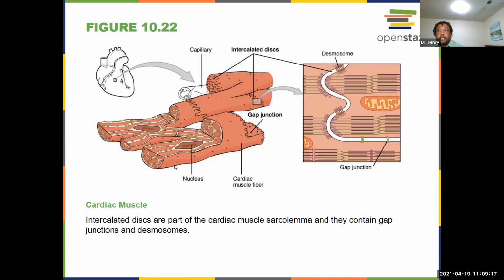Here's a cardiac muscle fiber. It has that single nucleus, and then we have what we call gap junctions. In our gap junctions, we have our desmosomes. And down here we have the actin-myosin chains.